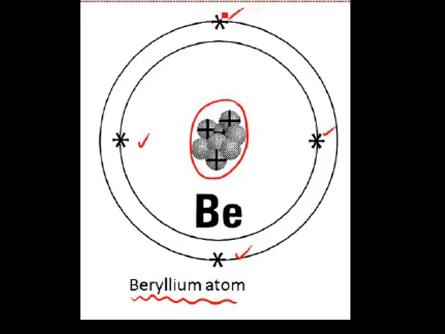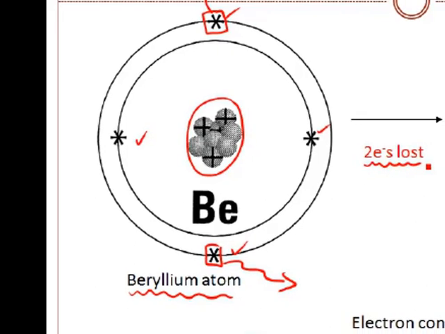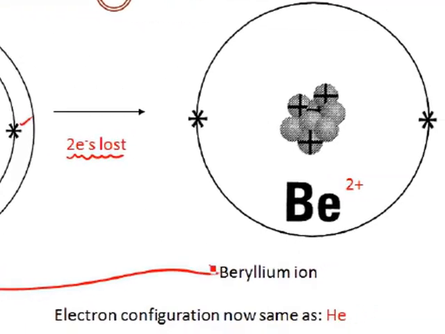But it has 2 valence electrons, which if lost would reveal an underlying core which has an electron configuration the same as a noble gas, which is stable. And so these 2 electrons will easily be lost, and that will cause the beryllium atom to change into a charged beryllium ion.